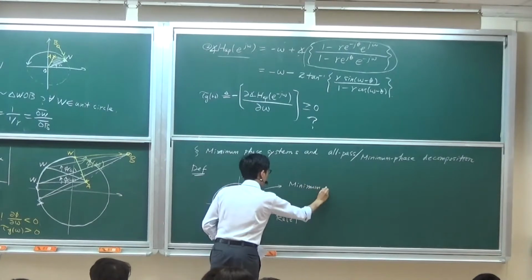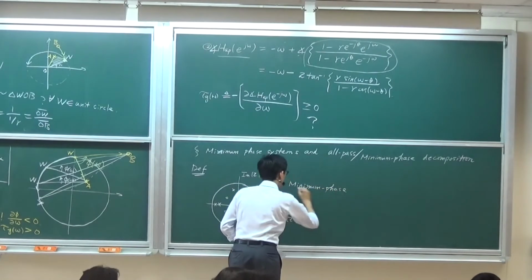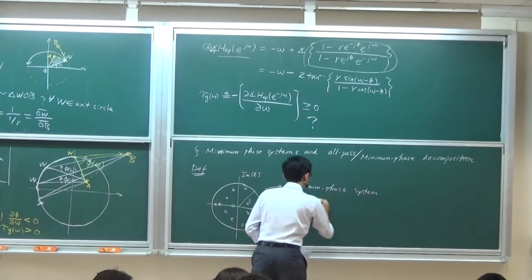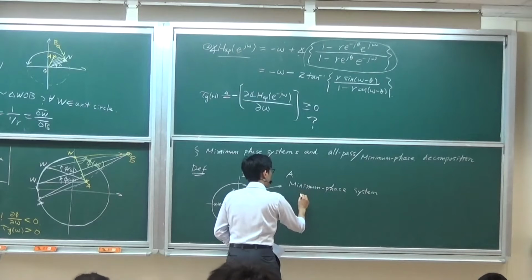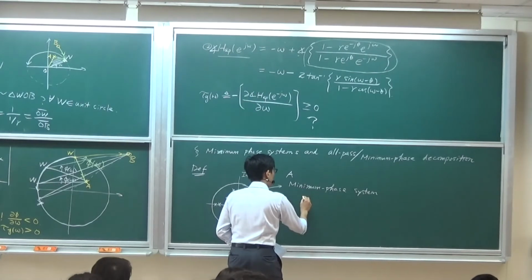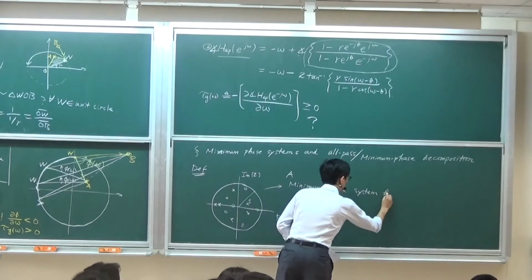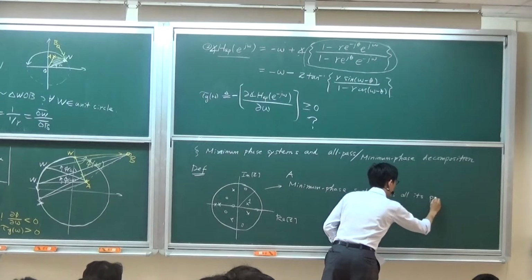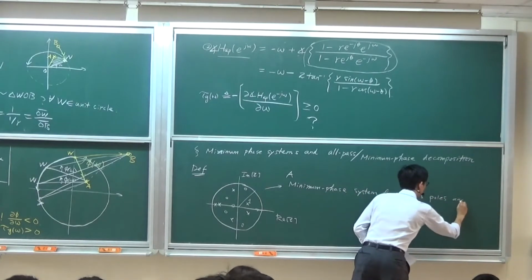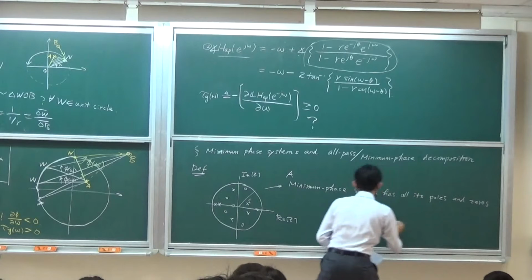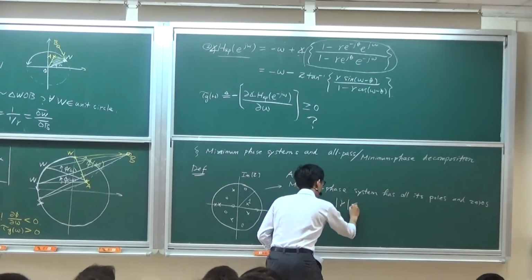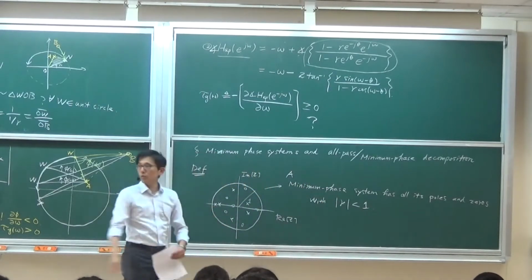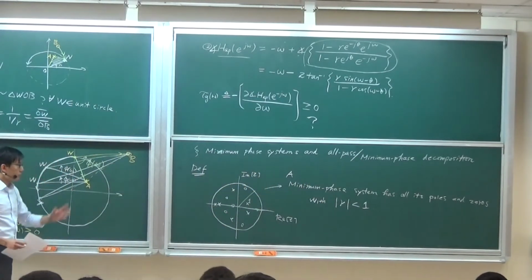So a minimum phase system has all these poles and zeros inside the unit circle. And let me just describe inside the unit circle. You know what I mean? Okay? So that's simply a definition.